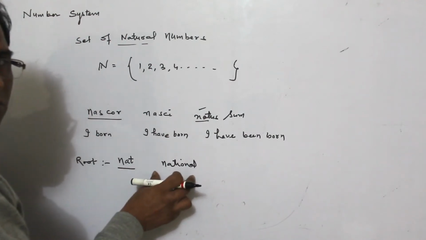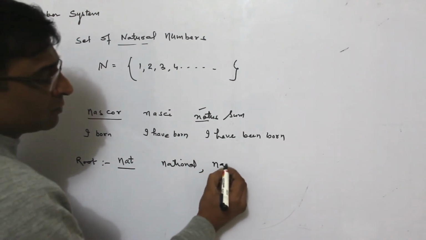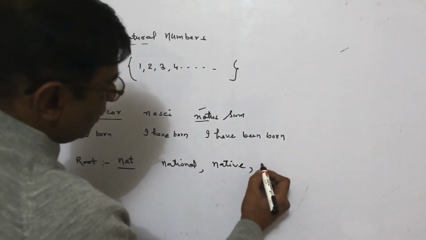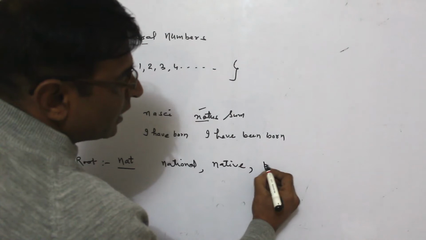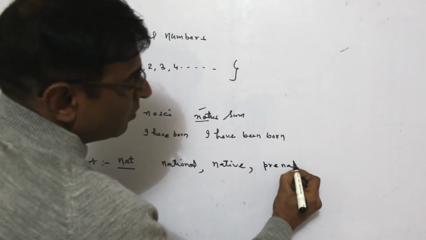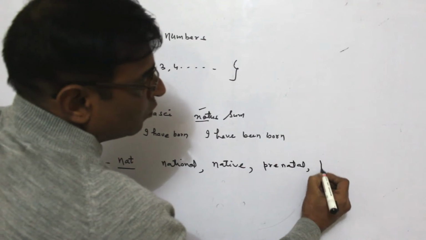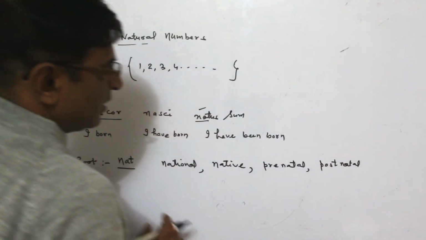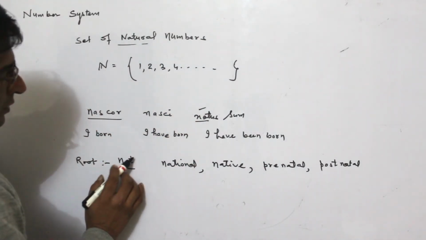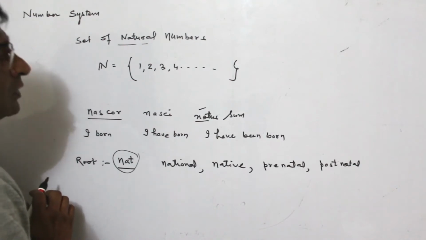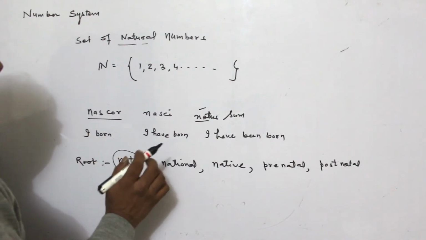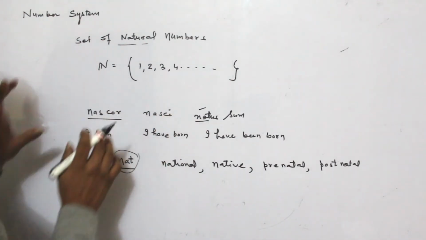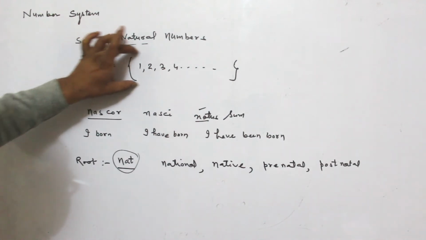This means where you are born. Also native, and the words prenatal, before birth, and postnatal, after birth. So this word nat means birth or born. So why do we call these the natural numbers, the born numbers?